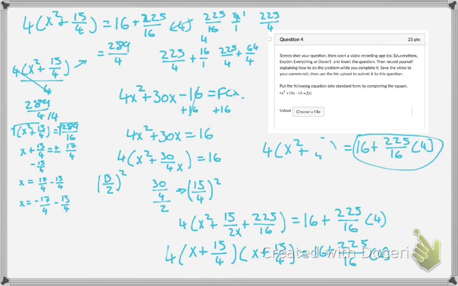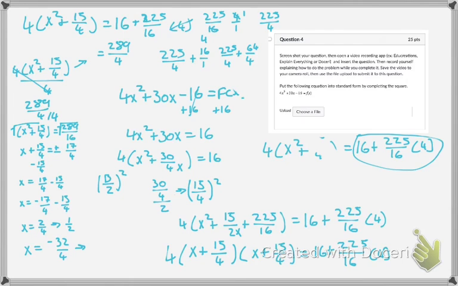Okay, 17 minus 15 on the top would be 2 over 4, so x equals 2 over 4, which you can simplify to 1/2. Then you have negative 17 minus 15, that'll be negative 32. x equals negative 32 over 4, which can also be simplified, and that'd be negative 8.